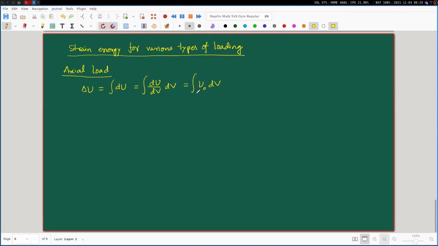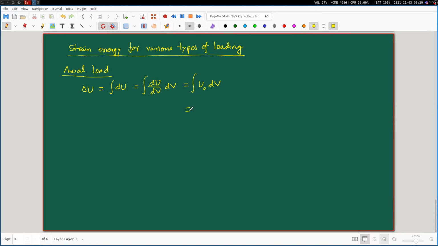So because we have general expressions for the strain energy density associated with both the normal stress and the shear stresses, we can write this delta U using the expression for strain energy density. Okay, so let's see how we can do this for axial loading.